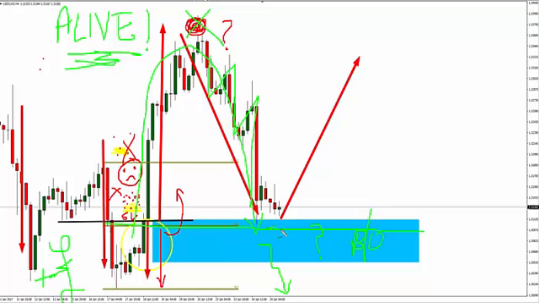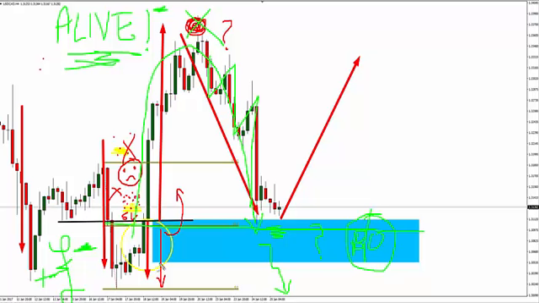So when this gets back into this area here, those traders are very, very motivated, but they're motivated for different reasons. They were motivated for a different reason in here. In here, this is about exiting at break even.